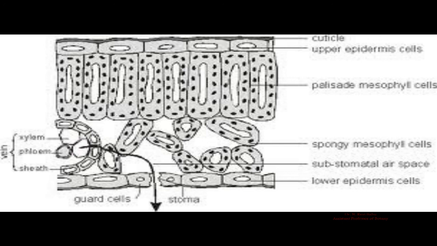And the mesophyll is differentiated into palisade and sponge parenchyma, while the vascular and mechanical tissues are fairly developed and well differentiated.